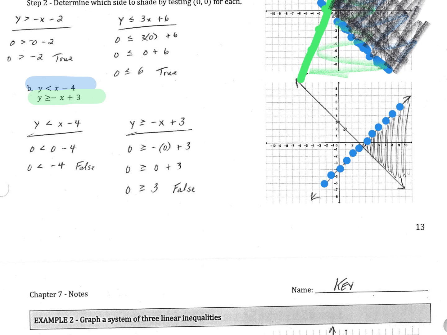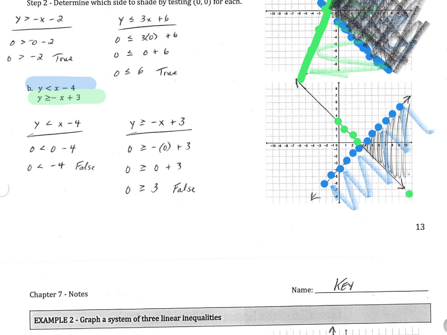Now let's look at the shading for that one while we're here. The shading for our blue line says y is less than, so we want to think about shading below. Now let's look at our green line. Y is greater than or equal to negative x plus 3. Plus 3 means a y-intercept at 3, and negative x means negative 1, so down 1, right 1.